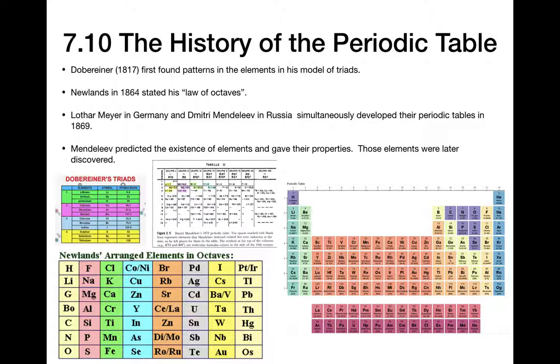Lothar Meyer in Germany and Dmitri Mendeleev in Russia were working at the same time and developing periodic tables. Mendeleev generally gets the greatest amount of credit for his periodic table. One thing that he did with his table was that he found that there were gaps in his table, and he basically predicted the existence of those elements and wrote down what their properties would be.